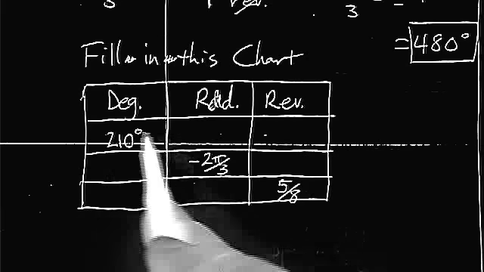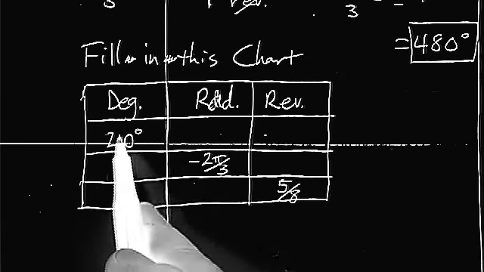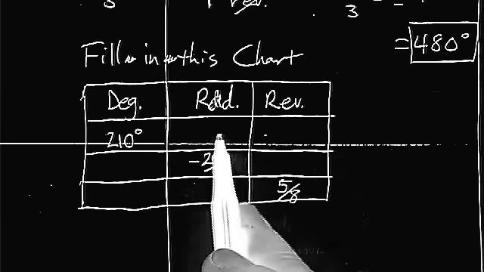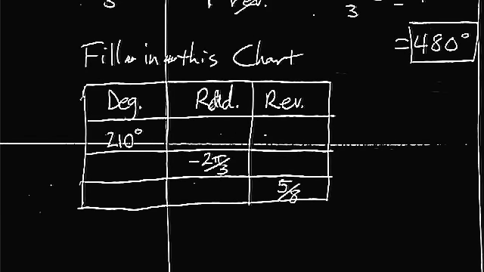So when you want to go from 210 to radians, start with 210. If you want to go from 210 to revolutions, then start with the 210. Don't use this answer to get over to here. I mean, you could use it to double check, but I wouldn't want to use that solely because you might make a mistake, and then I don't want you to make 2 mistakes.